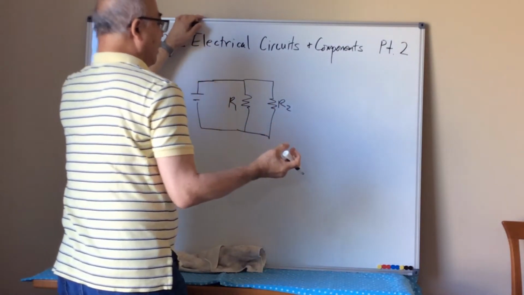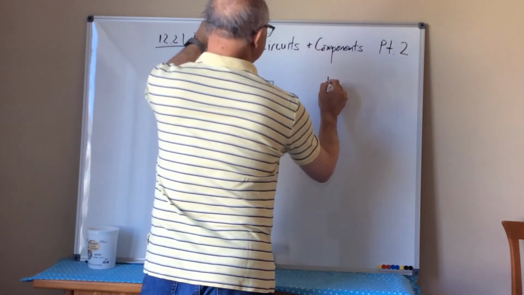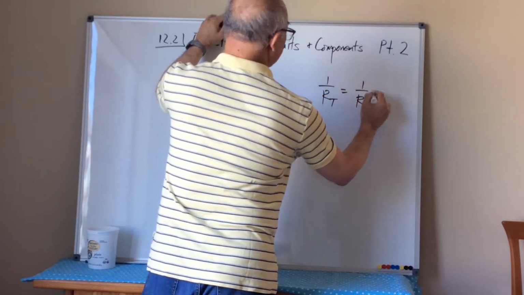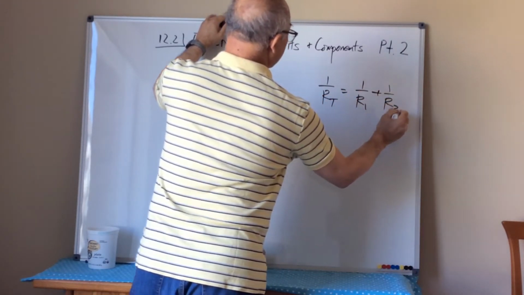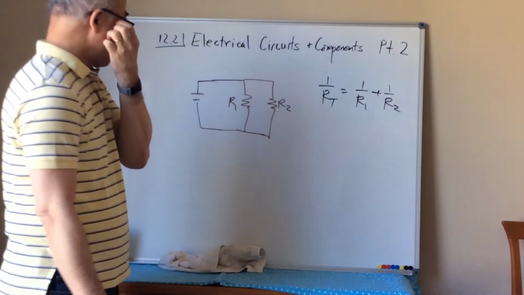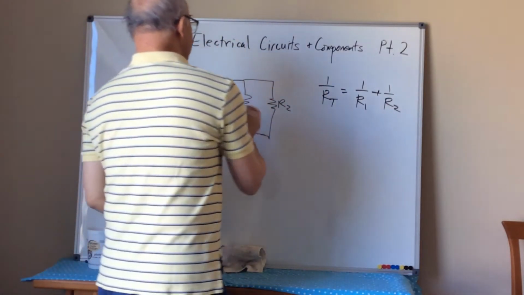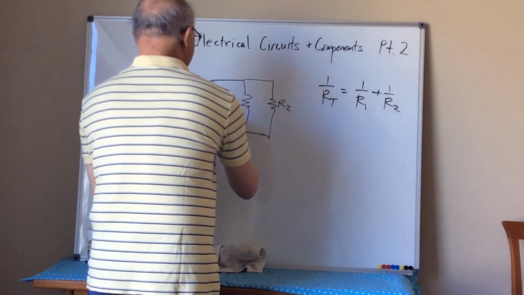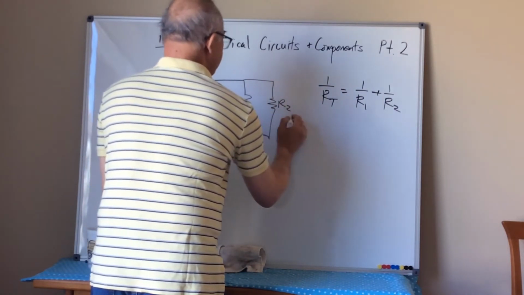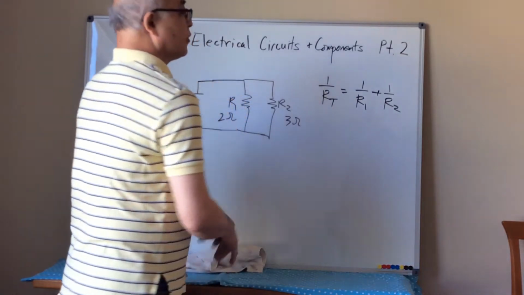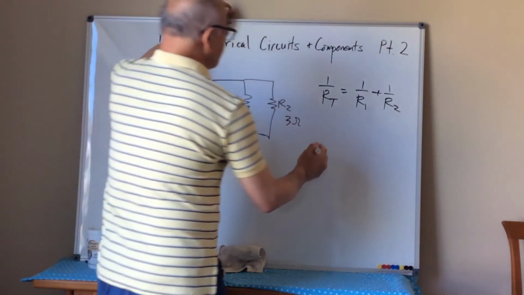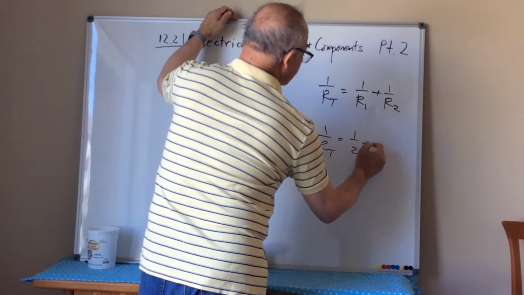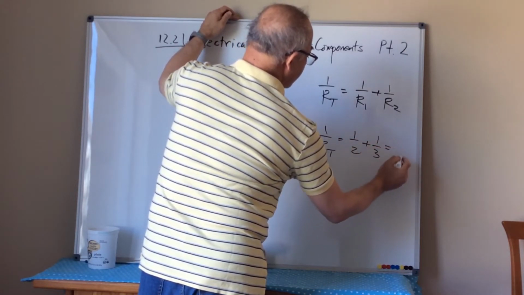In parallel, the way you do this is the total resistance is like this, okay? So, let's say this was 2 ohms, and this was 3 ohms. So my total resistance would be 1 over R total is equal to 1 over 2 plus 1 over 3.